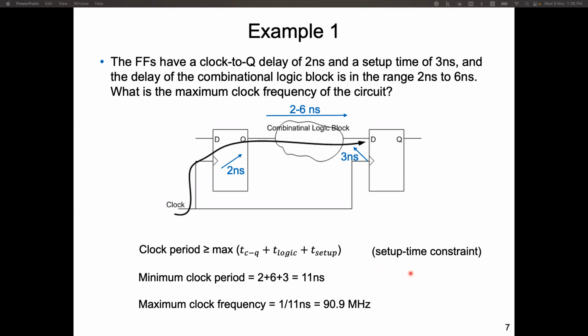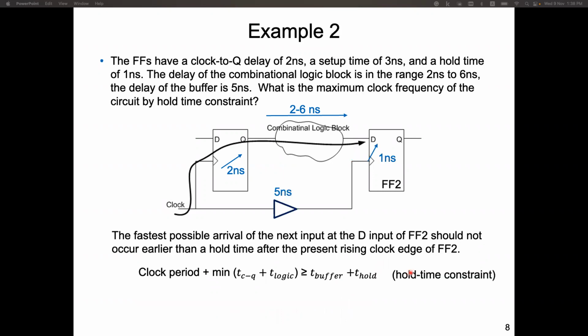Now let's have another example to check the hold time constraint. In this case, the circuit is slightly different. I have a clock buffer between the 2 flip-flops. This is frequent. Sometimes you just have a clock buffer to drive the clock. Now I have a clock buffer here, which has 5 nanosecond delay.